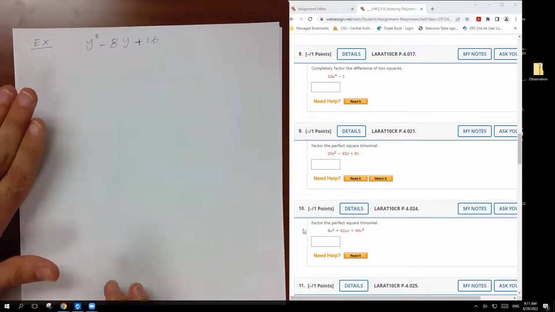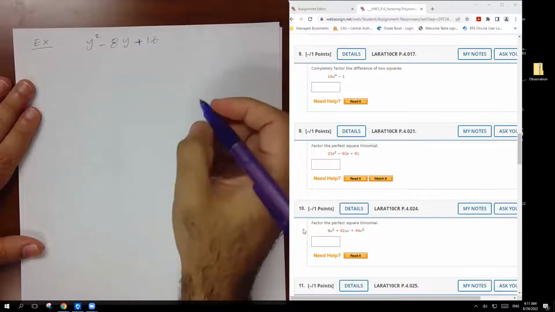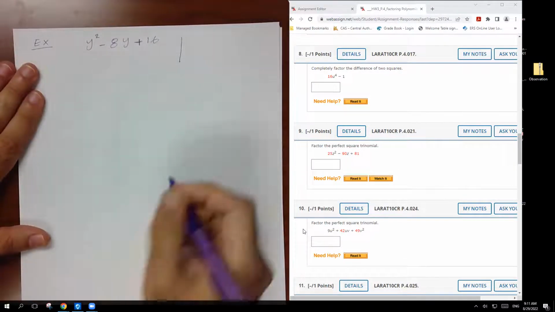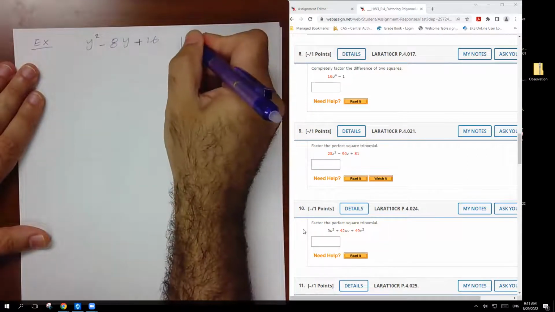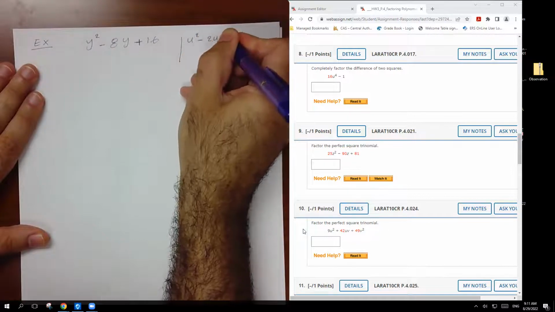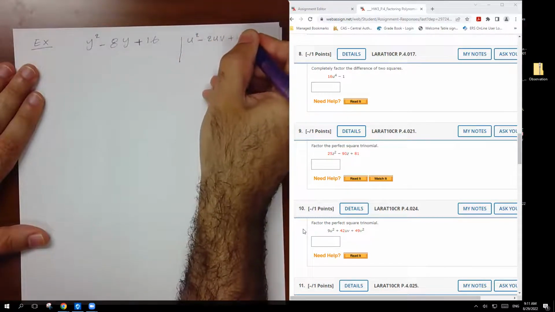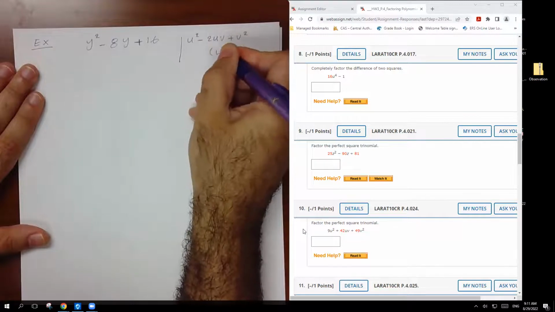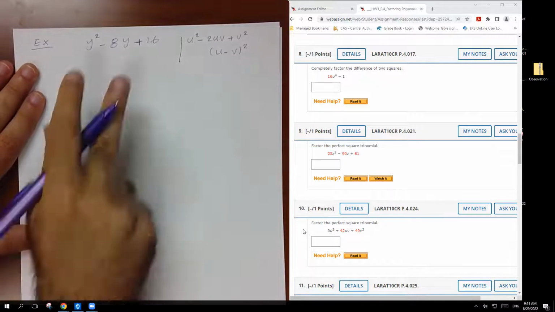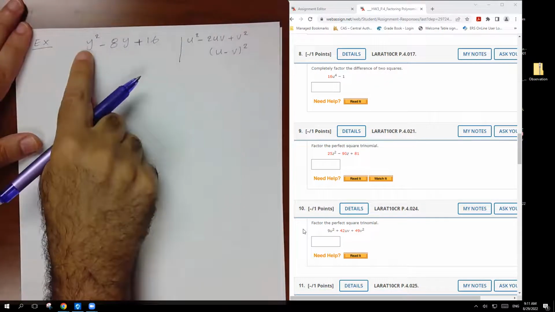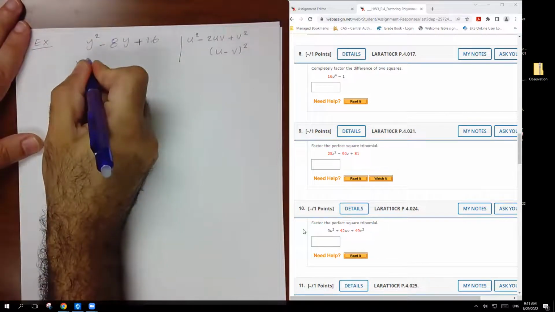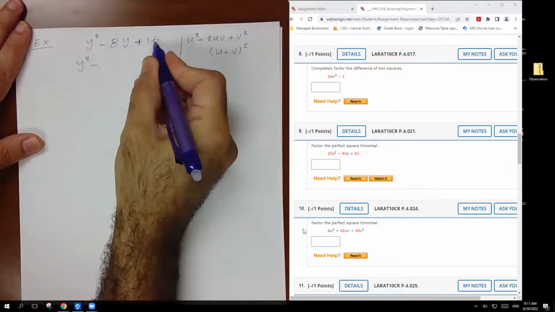The rule says, let's go down the slide, the rule says if you have u squared minus 2uv plus v squared, the solution is going to be u minus v, squared. So let's look at this one. This is the u, which is y. So this is y squared minus, this is the v squared.